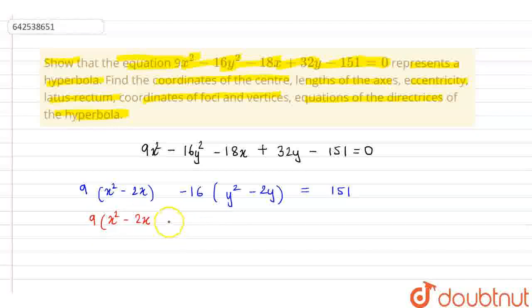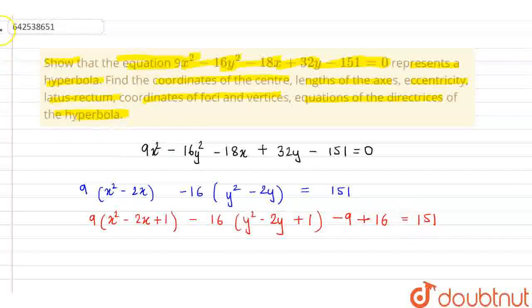Now we will add 9 to it, so taking 9 common outside, it will be plus 1, minus 16 into y square minus 2y. Now this will be plus 1 because minus 16 has been taken common outside. So if we had added 9 here, so minus 9 here, and if we had minus 16 here, so plus 16 here to balance our equation, this will be equal to 151.